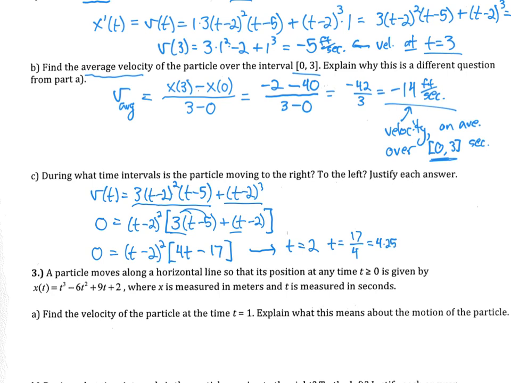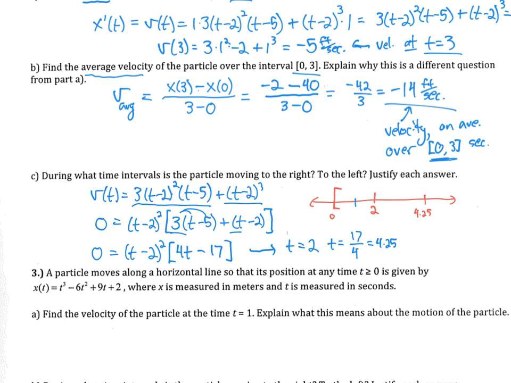We're going to set up a sign chart. I'm going to put a bracket at time 0, because we don't need to worry about anything that's less than 0. And then I'm going to put my two important points on there, 2 and 4.25. And then let's just test some points from that.